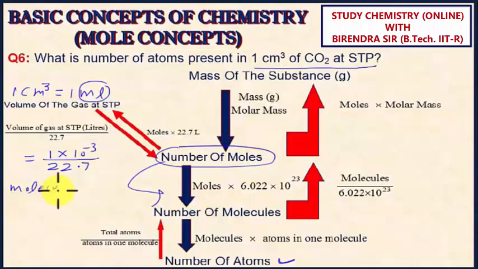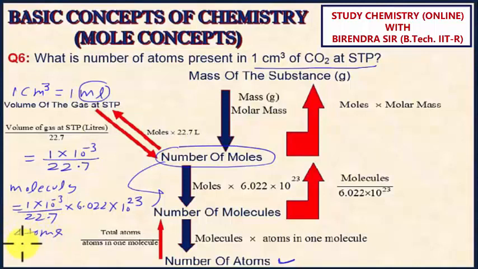So the molecules will be 1 into 10 raised to minus 3 upon 22.7 into 6.022 into 10 raised to 23. So, number of molecules. Now, number of atoms. What will you do? Molecules will be multiplied with atoms in one molecule. How many atoms are there in one molecule? 1 carbon, 2 oxygen means 3. So, you have to multiply this with 3.